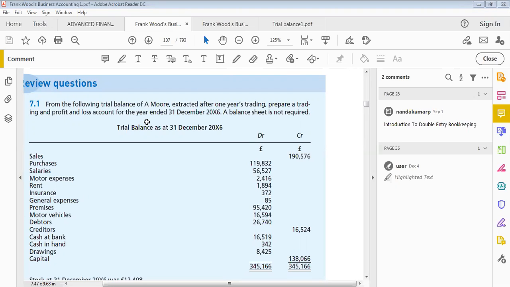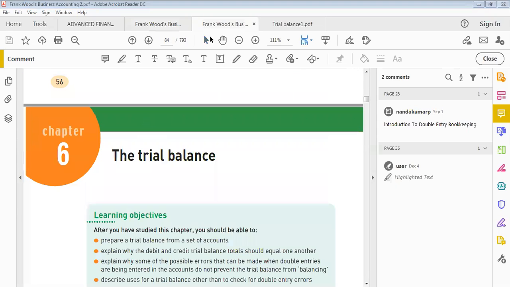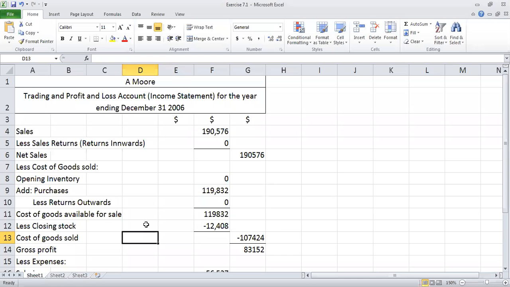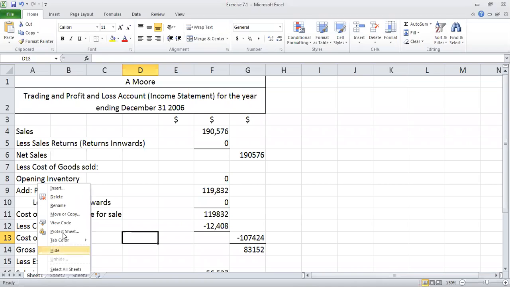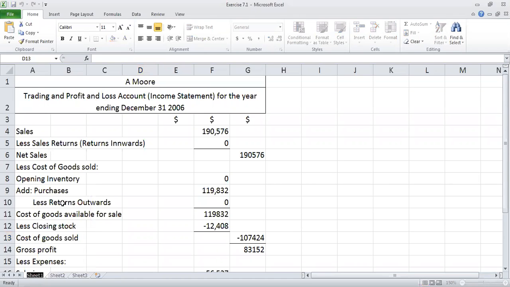So let's go back here. This would have been our trading and profit and loss account, otherwise called the income statement.